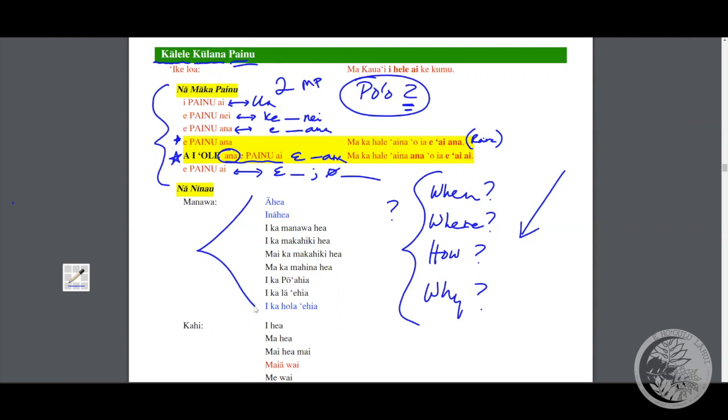Some of the questions are here, which means when something will, should, shall is going to be occurring, perhaps in the future, or perhaps, again, the main idea, habitual, would, should, shall, and it's a basic when.